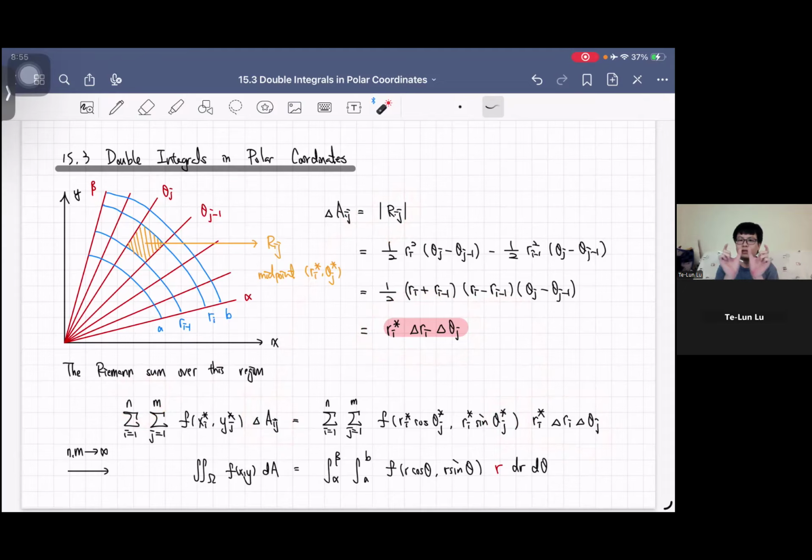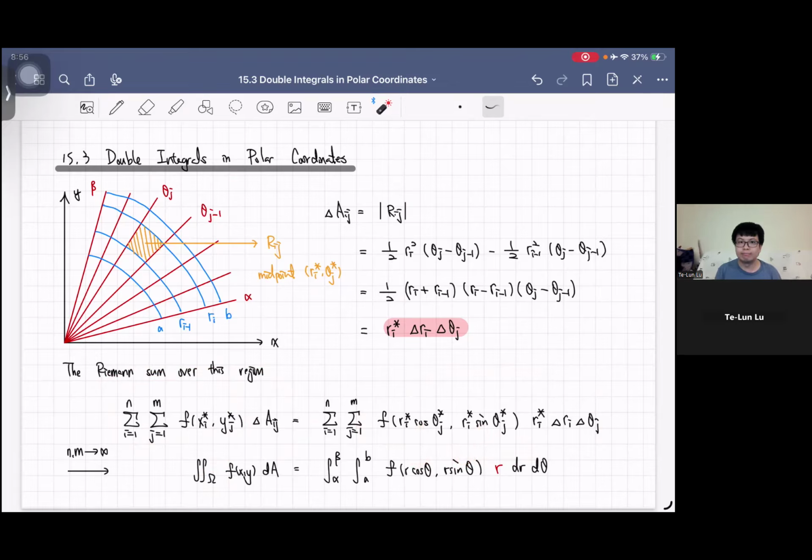Every small partition converges to a zero-length partition. Then the left-hand side converges to the Riemann integral, the double integral, over this region omega. And the right-hand side converges to f of r cosine theta, r sine theta, where you have an extra term here, r, right?